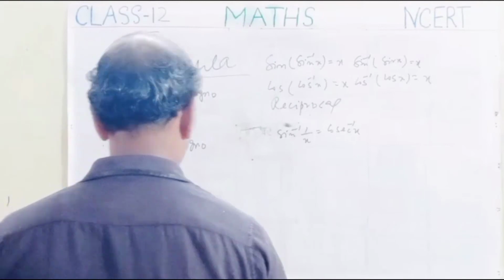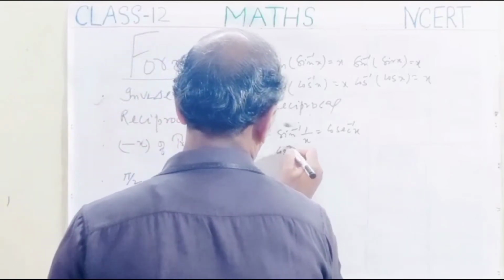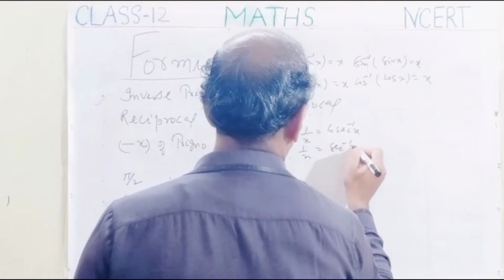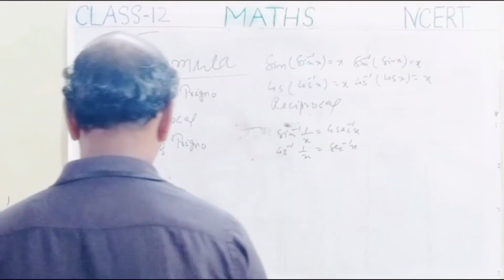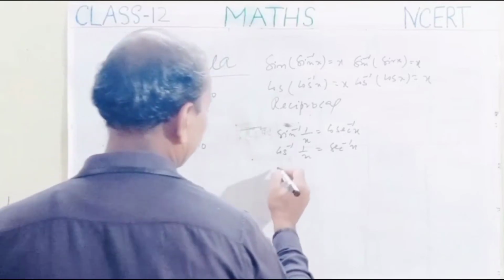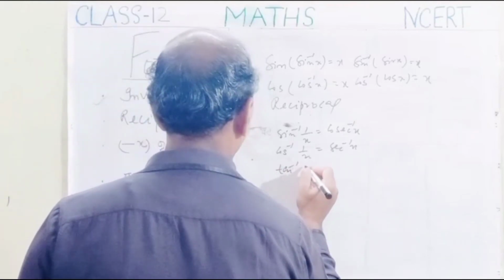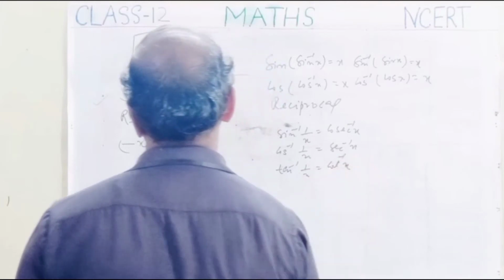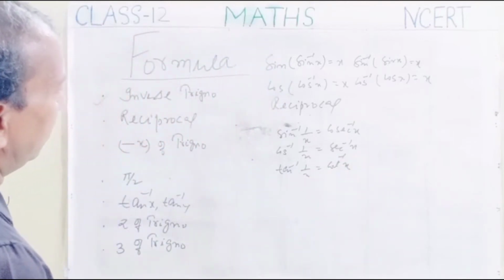Similarly, cos inverse 1 by x is sec inverse x. Similarly, tan inverse 1 by x is equal to cot inverse x. So these are for the reciprocal case.